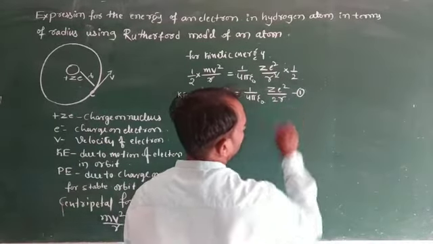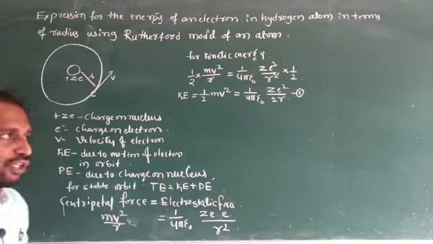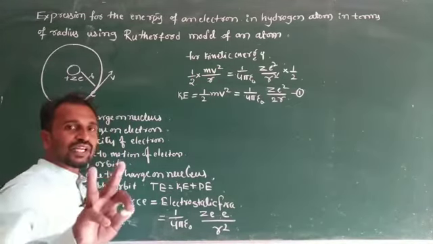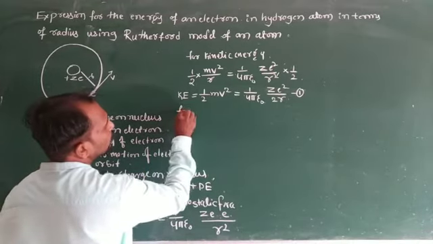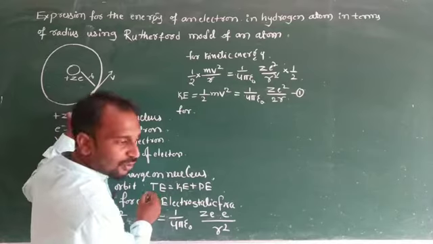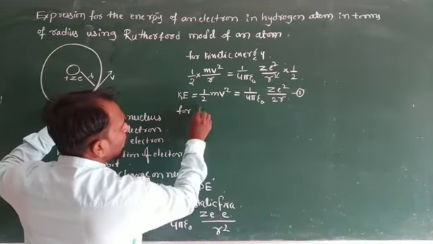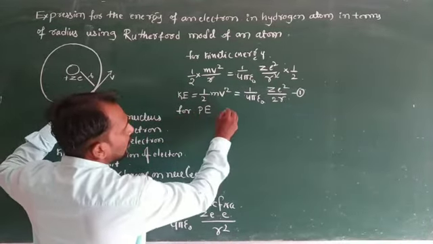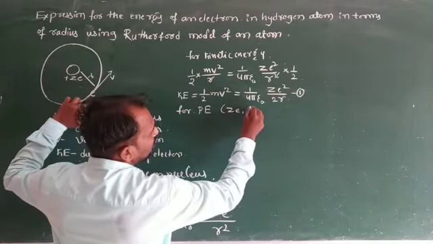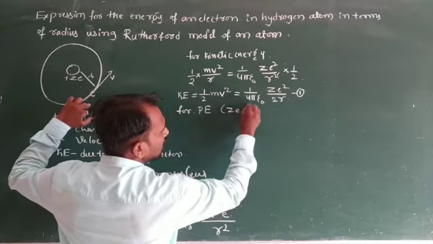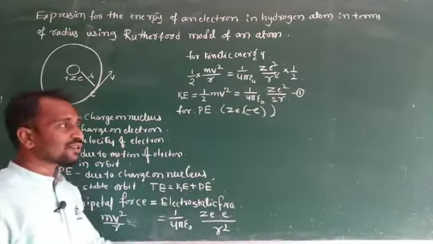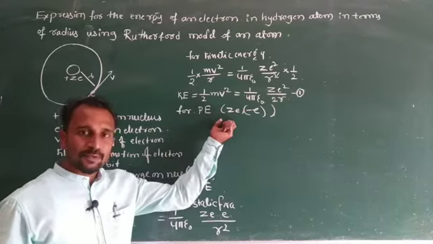Equation 1. Next we want to calculate potential energy. Here we consider two charges, one is the charge on the nucleus, another one is the charge on the electron. So two point charges, one is Ze, another one is e. The electron charge has a negative sign and Ze has a positive sign.